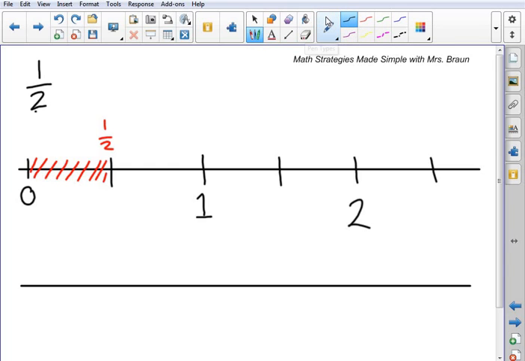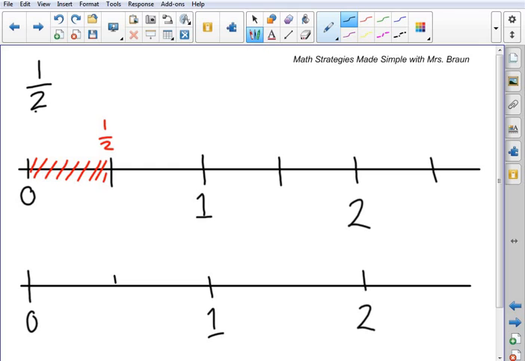What's very important is that I line up my whole numbers. My 0 and my 1 need to be lined up with what is on the first number line. Because if it's not lined up, then we're looking at 2 different size wholes and we cannot compare the fractions.